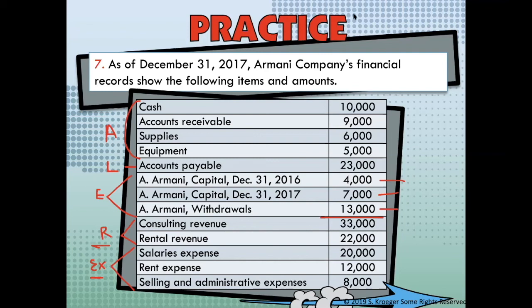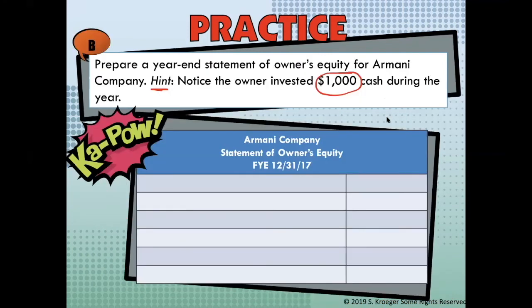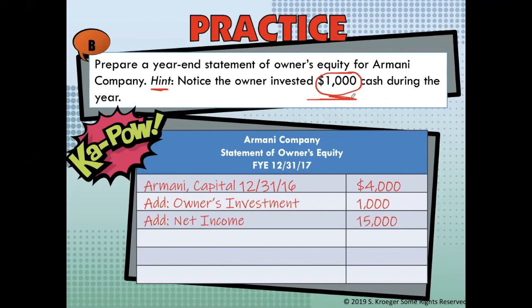Let's do that now. We start by putting in Armani's beginning capital, which is $4,000. Then we do the additions. We'll add the owner's investment, which I said is $1,000, plus the net income that we got in Part A. We got $15,000 as our net income. Total this up for a total of $20,000. Then do our subtractions, which in this case is only the withdrawals.